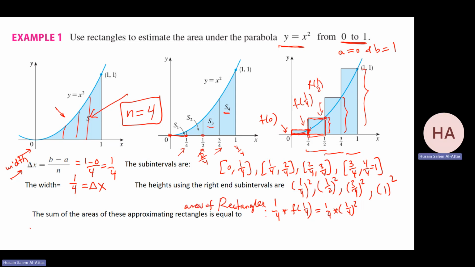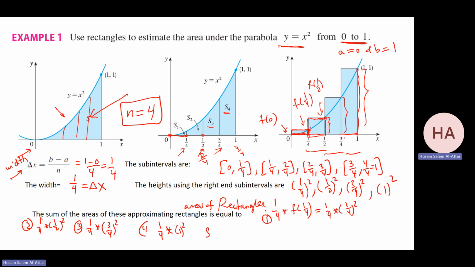This is the first one. The second one will be 1/4 times 1/2 squared. The third one, 1/4 times 3/4 squared. The fourth one, 1/4, which is just width times height, times 1 squared.